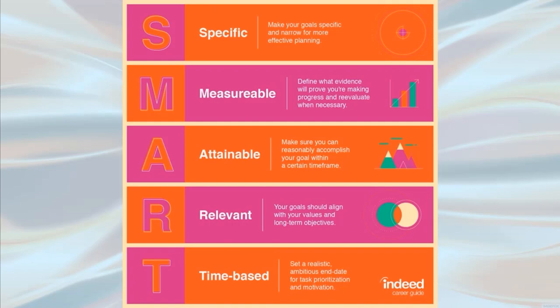Relevant means that each of the objectives should be aligned with your values and larger long-term goals, and also relevant to the needs of society. And time-based means that the objective should be realistic and achievable in your time frame. So for writing good quality educational objectives, we have to respect the SMART criteria.